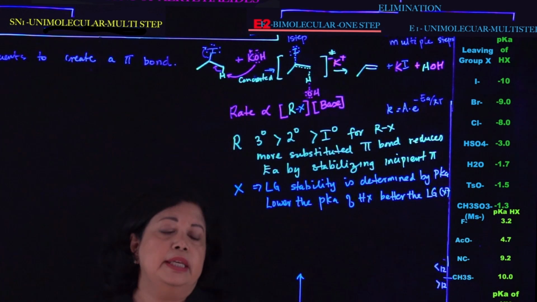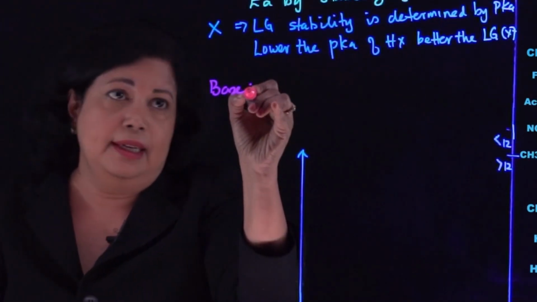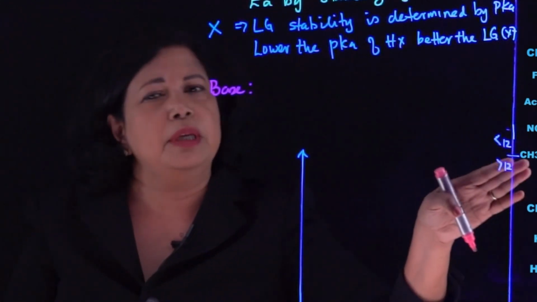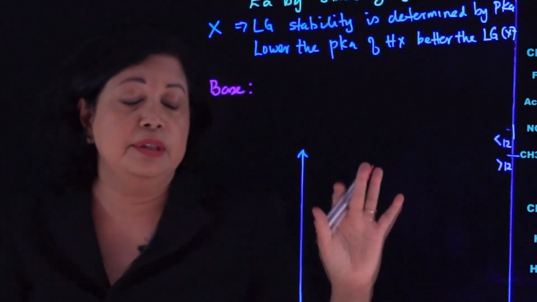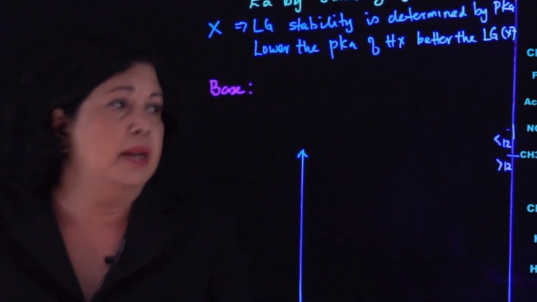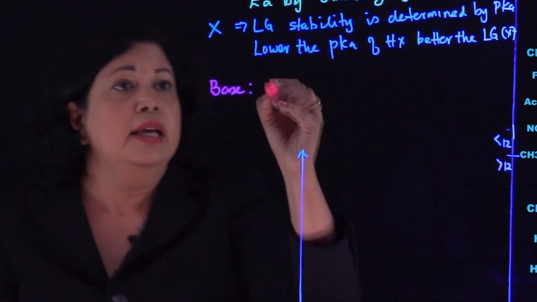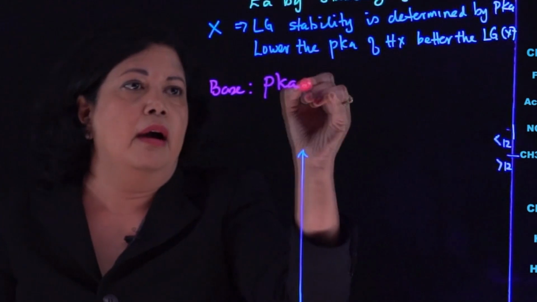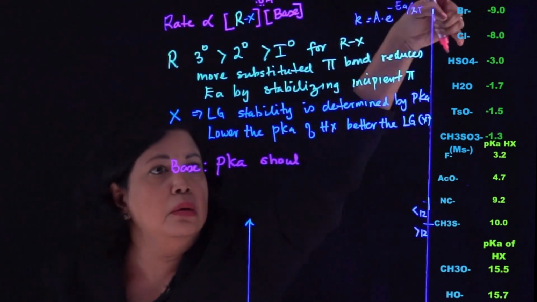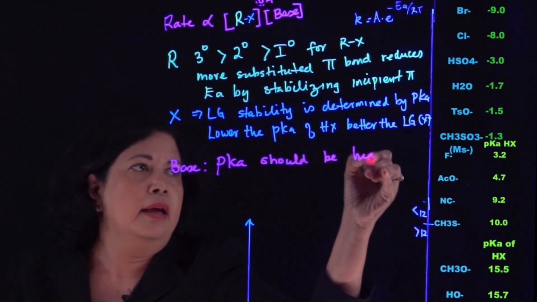How do we know something is a good base? Base is basically the pKa. pKa typically should be above 12, maybe 16 and above. Usually is what we use. 15 and above is what we typically use. Sodium hydroxide is like 15.7. pKa should be high. So just like the leaving group pKa should be low, the base pKa should be high.